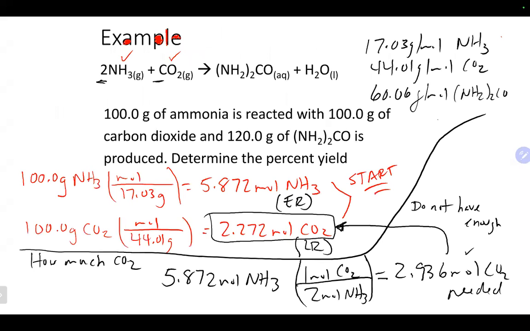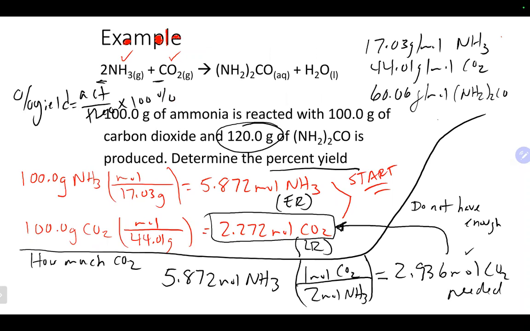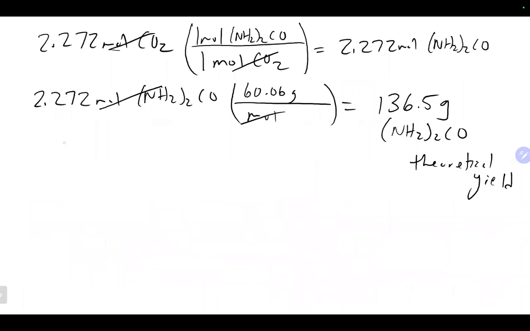Now, earlier, really the question is asking about percent yield, which is our actual divided by our theoretical times 100%. This is the actual yield. Like I said before, it's the value that's given to you. So the 120 that we see in there is the actual yield. What we just did was calculate the theoretical yield.